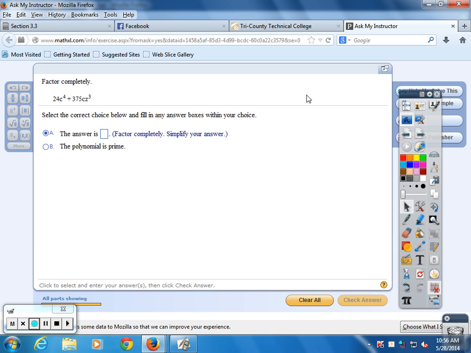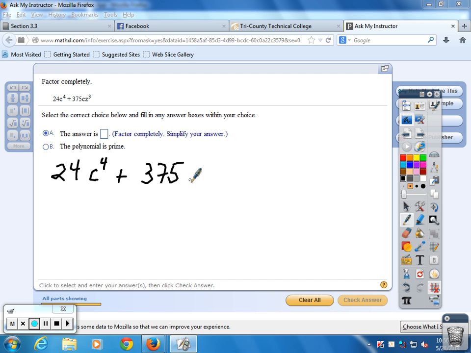All right, take a second and work that one. This is 24C to the 4th plus 375CZ to the 3rd. Well, you're going to pull out a C. I think something's in common with 24 and 375.